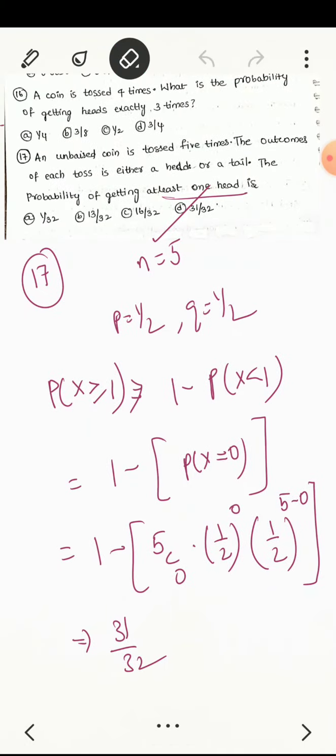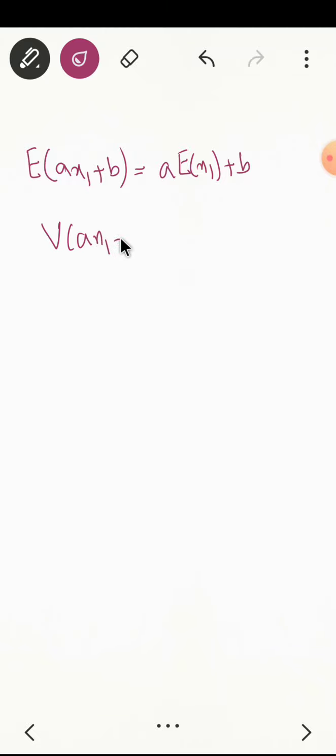Along with that you should remember certain properties. What are those properties? Mean of ax1 plus b can be written as a into mean of x1 plus b. Variance of ax1 plus b can be written as a square variance of x1.